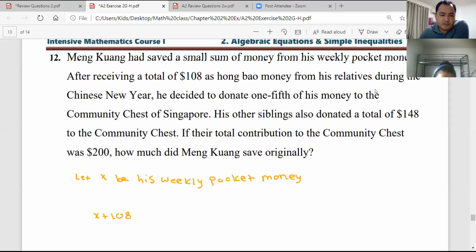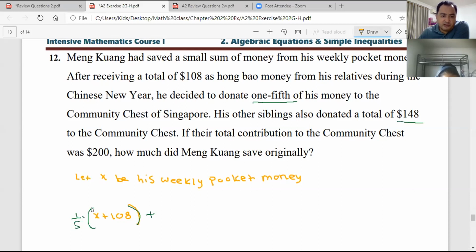Now, if you continue, he has this much, and he decided to donate 1/5 of the money, right? So what is 1/5? Now he has this much money, x plus $108. So he decided to donate 1/5 of this money, and also his siblings added $148.